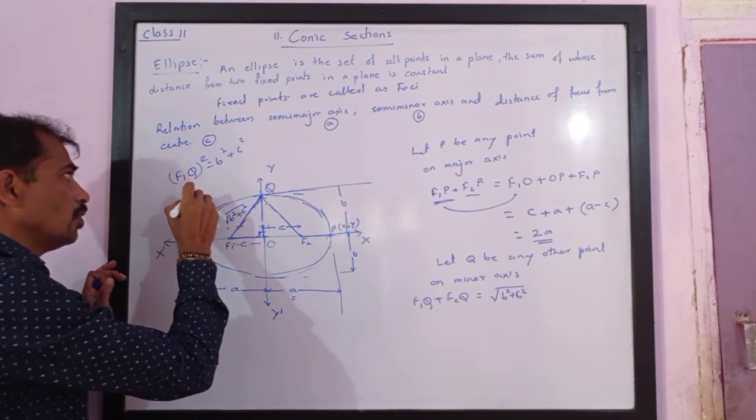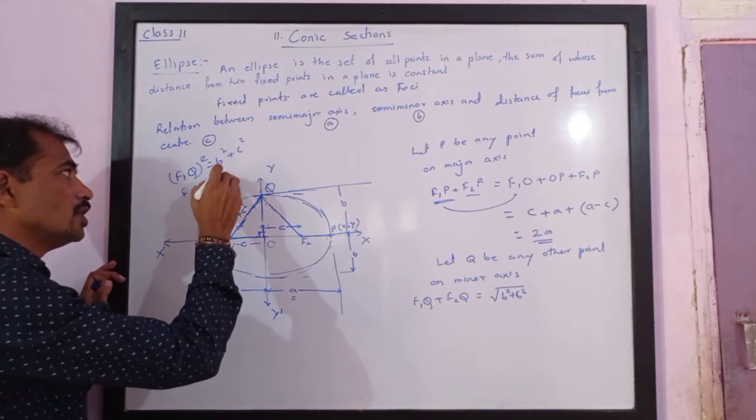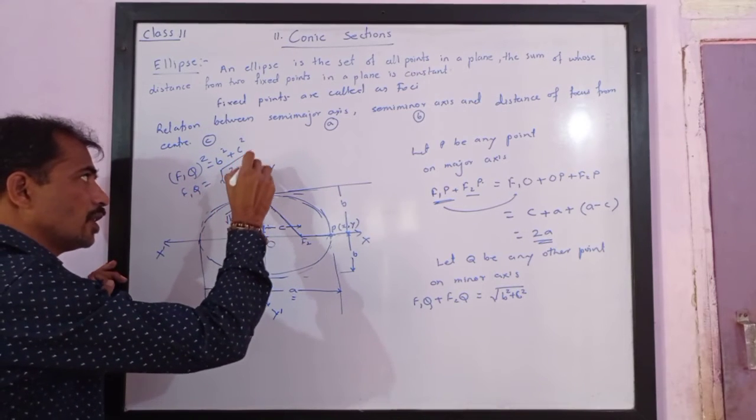It means F1Q is equal to under root B square plus C square.